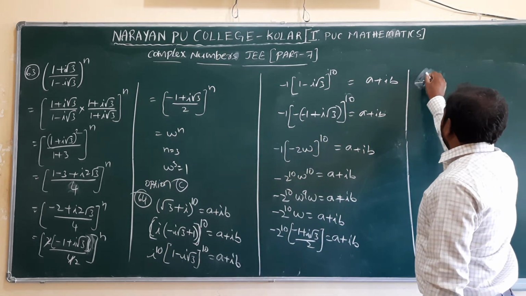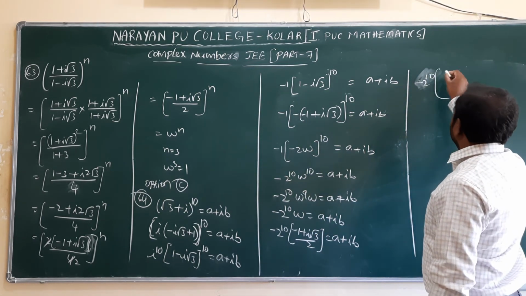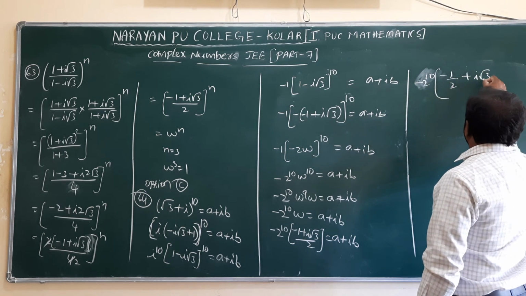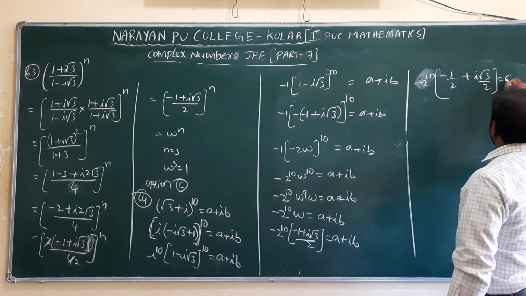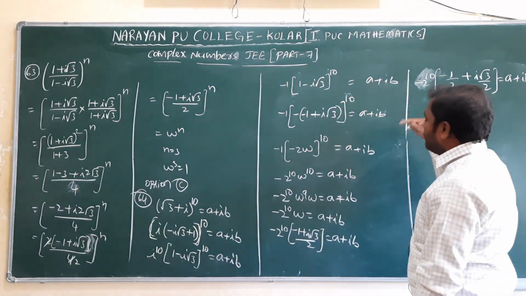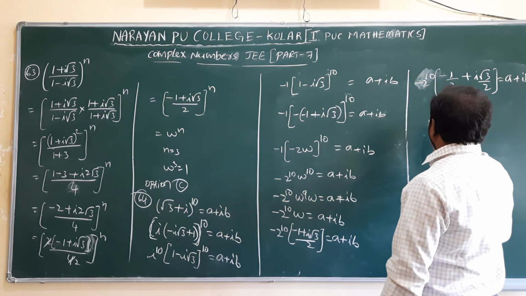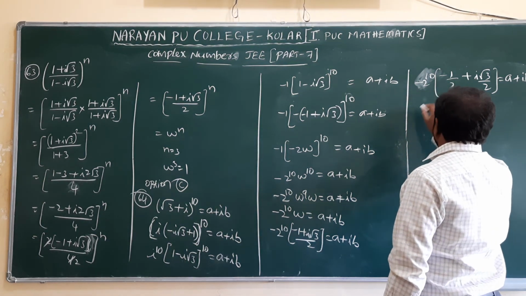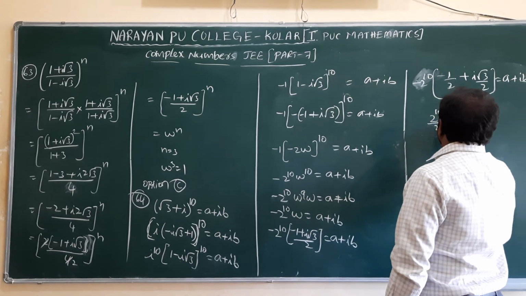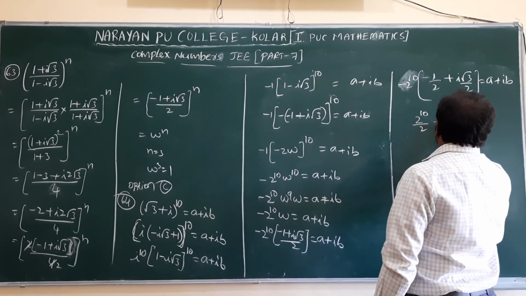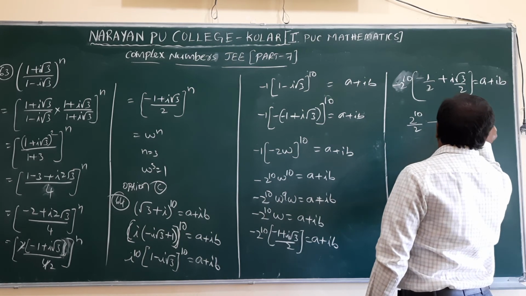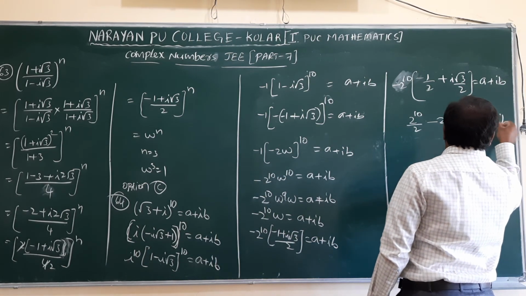Minus 2 power 10 into (minus 1 by 2 plus i into root 3 by 2) is equal to a plus ib. Minus 2 power 10 value 512, you can directly, so what we get? Multiplied here, no problem. So minus 2 power 10 divided by 2 into minus 1, minus 2 power 10 into i root 3 by 2 is equal to a plus ib.